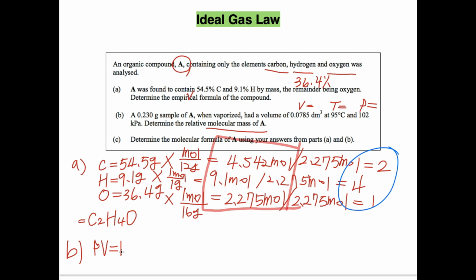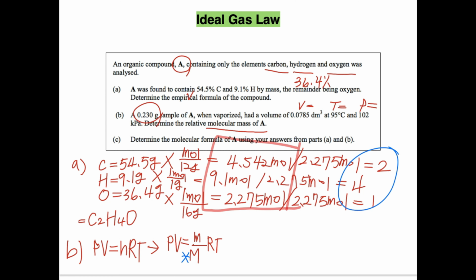PV is equal to nRT. In this case, we're trying to find molar mass, and the mass has been given to us. So we are going to rearrange this equation a little bit to PV is equal to mass over molar mass times RT. Our objective of this problem is to find molar mass.